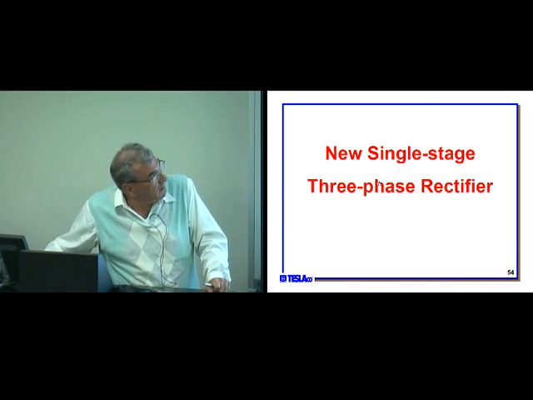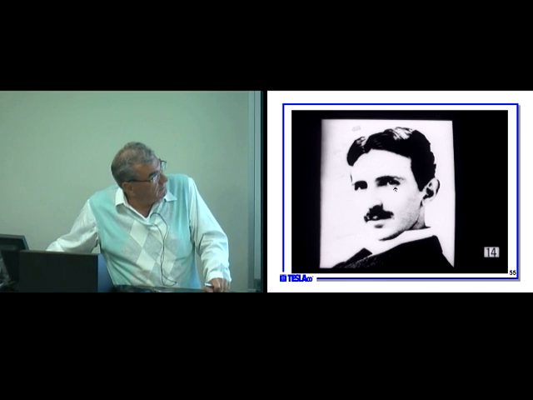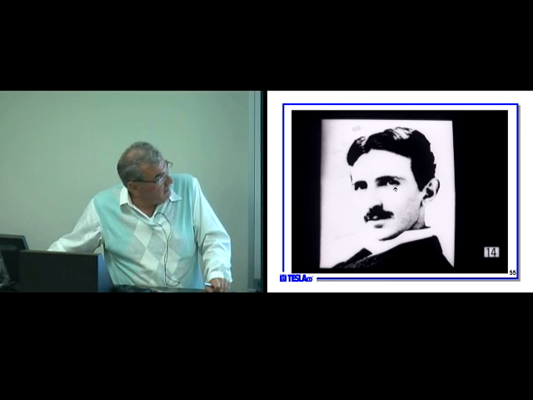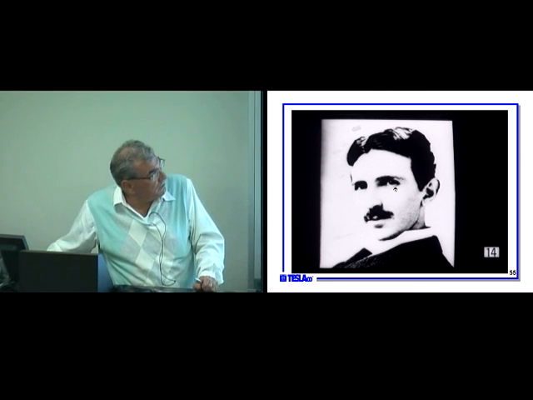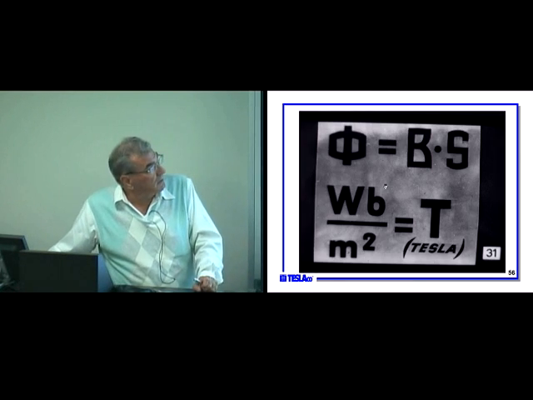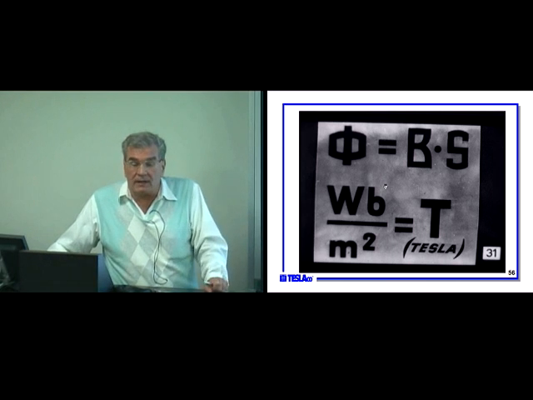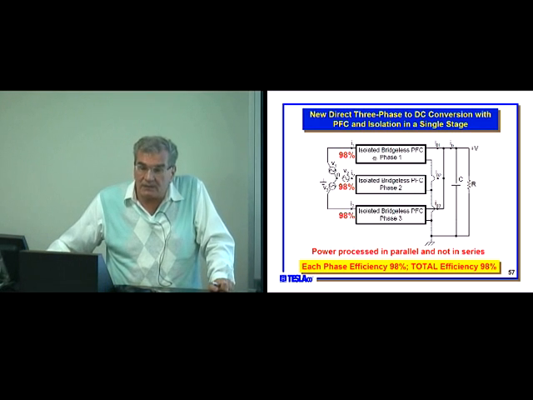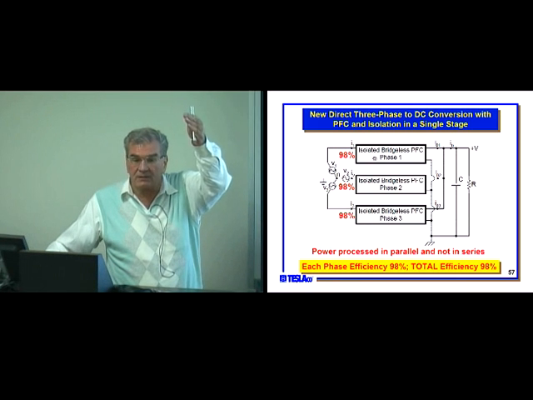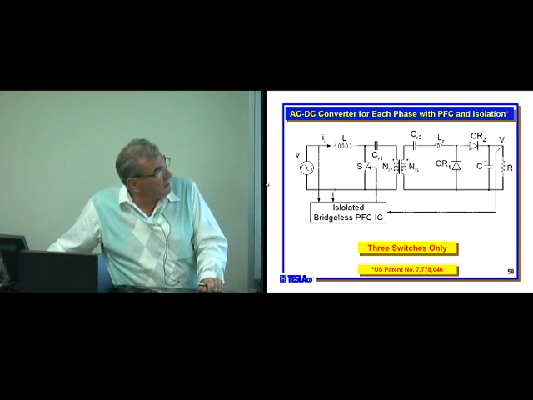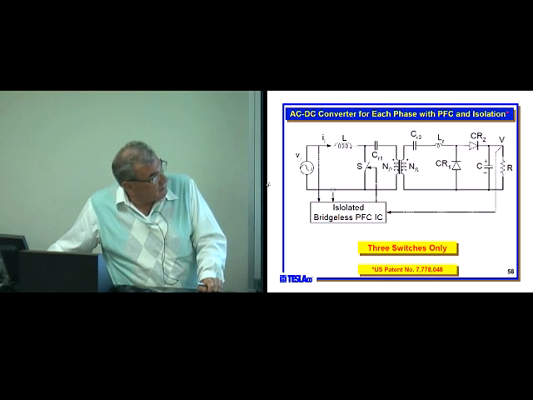Here is currently how we do three-phase. We rectify it to a 400 volt line, and then we use another DC to DC converter to step it down and provide isolation. But the new single-stage three-phase rectifier takes truly Tesla's three-phase concept and doesn't prematurely rectify to 400 volts DC, but operates on basically this flux density Tesla unit.